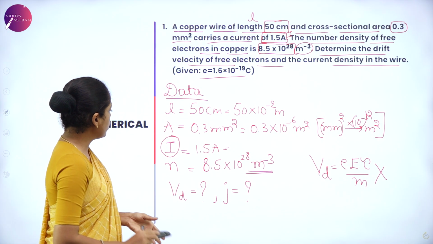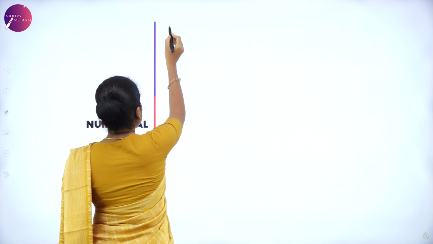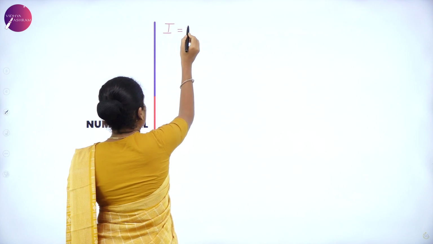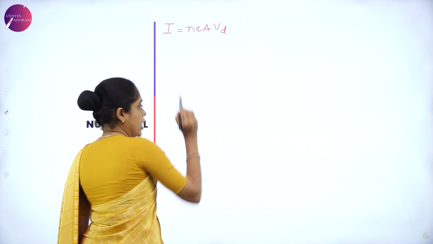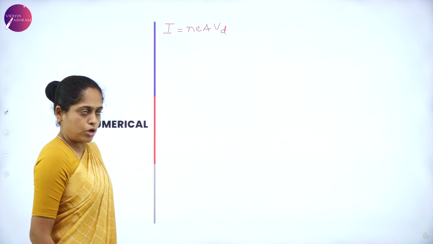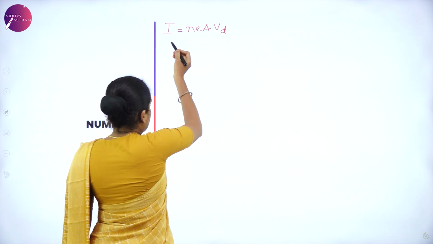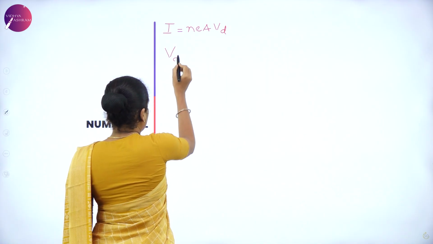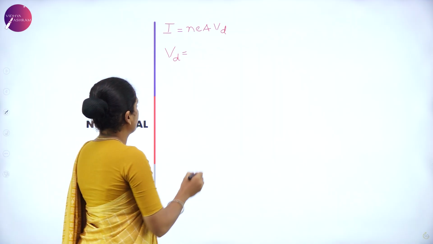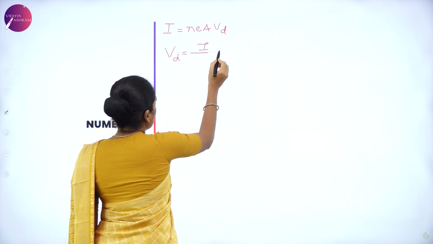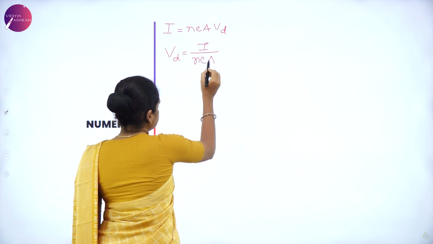So, you have to consider the current expression in terms of drift velocity, where n is the number of electrons per unit volume. In this, we have to find the drift velocity. Therefore, let us rearrange this formula in terms of drift velocity.